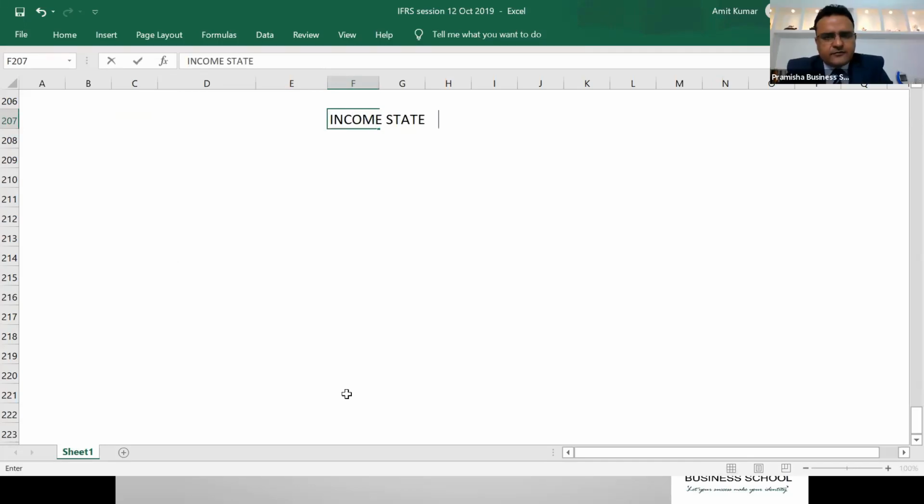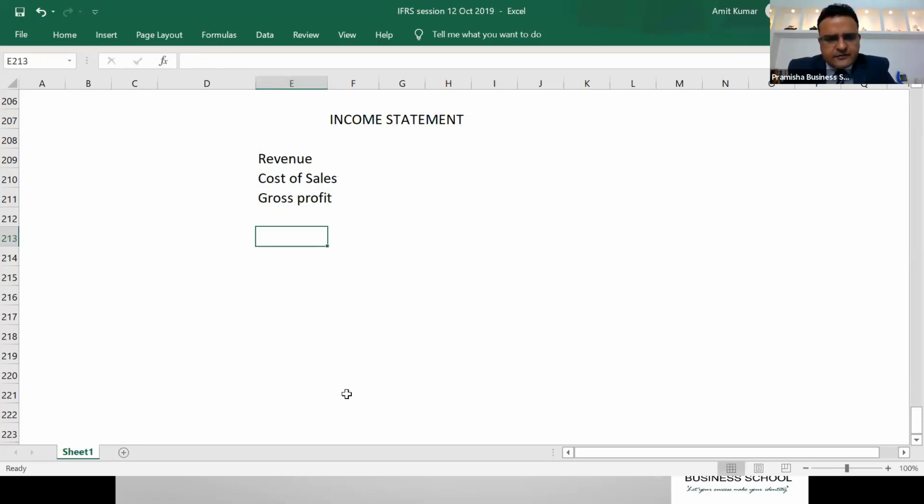Income statement: revenue, cost of sales, gross profit. Just for my ease, I'm taking the function of expense method here.